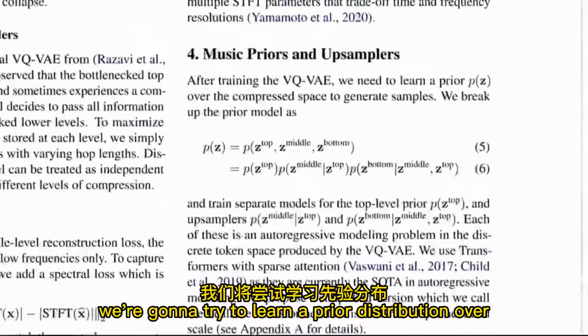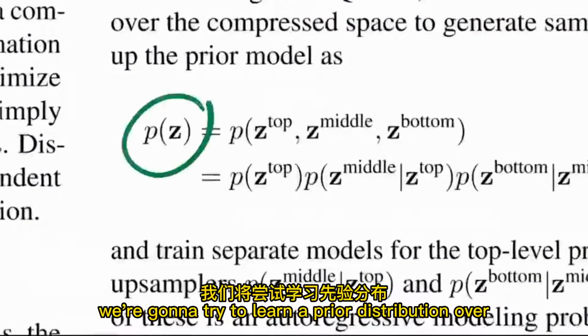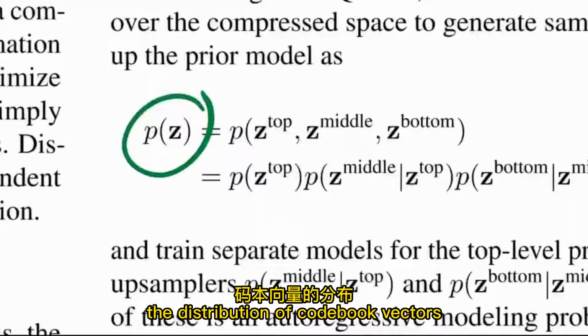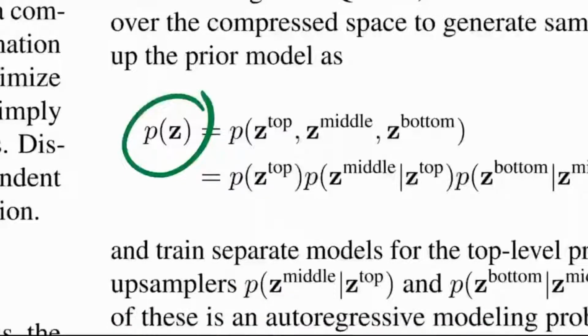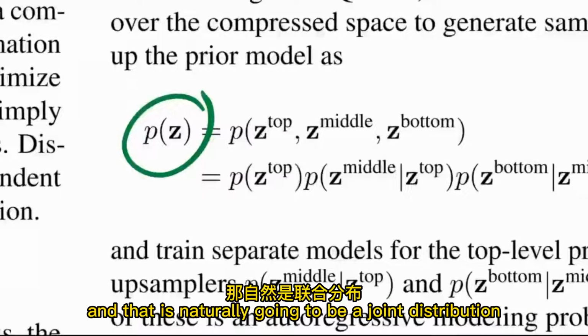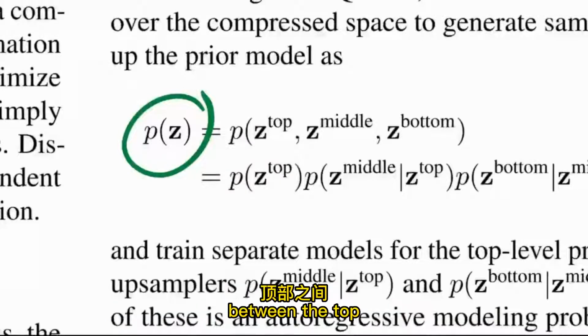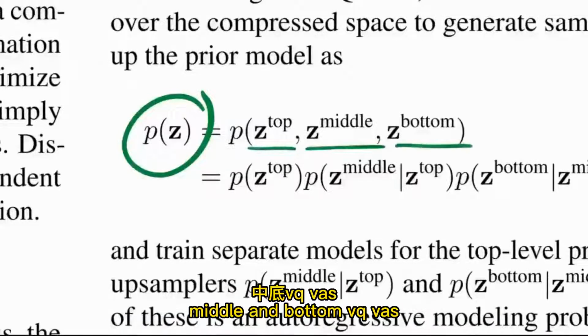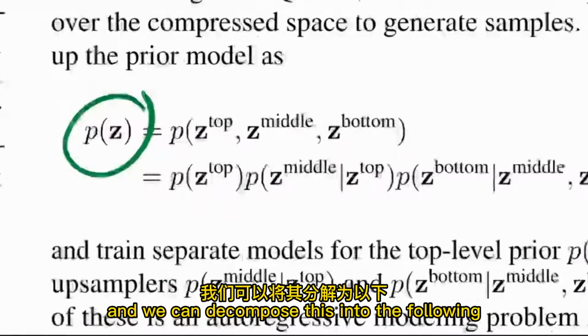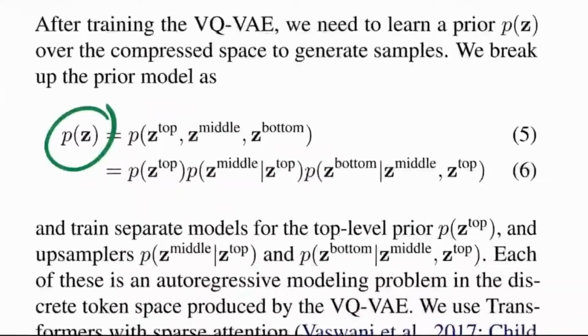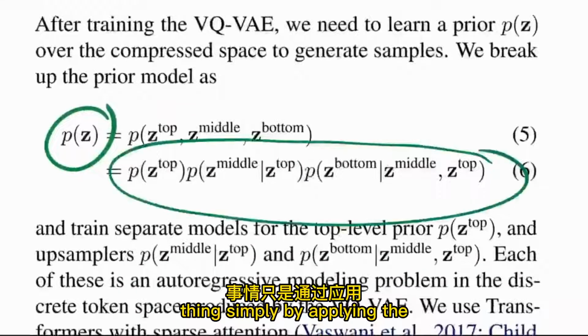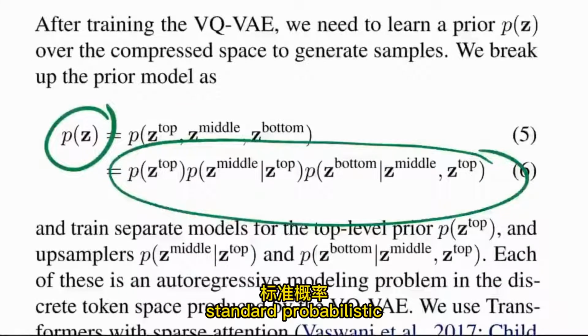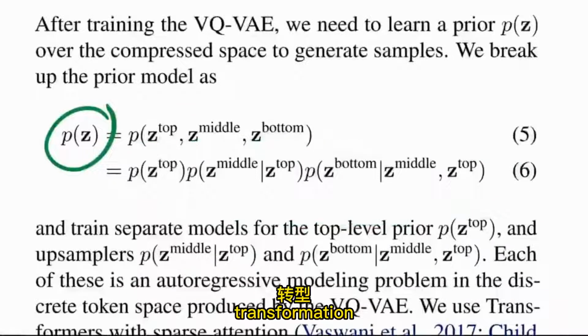So we're going to try to learn a prior distribution over the distribution of codebook vectors. And that is naturally going to be a joint distribution between the top, middle, and bottom VQVAEs, and we can decompose this into the following things simply by applying the standard probabilistic algebra transformation.